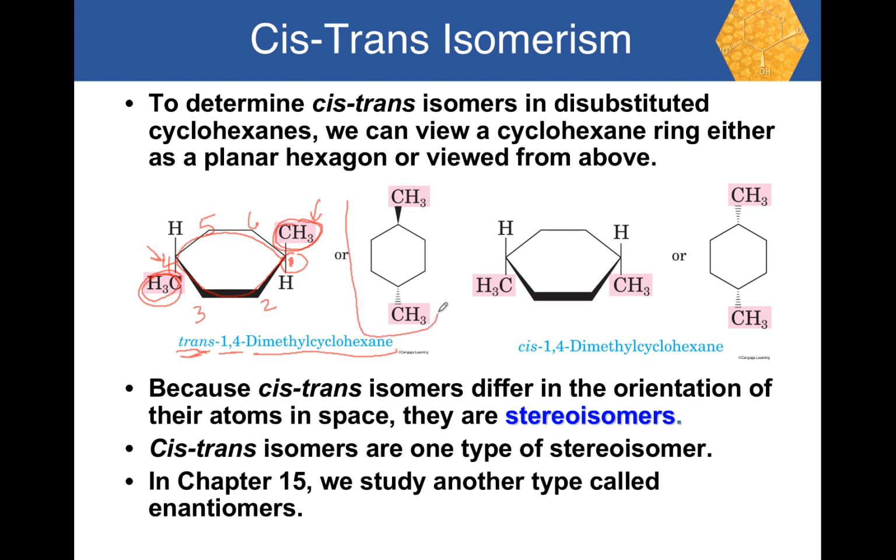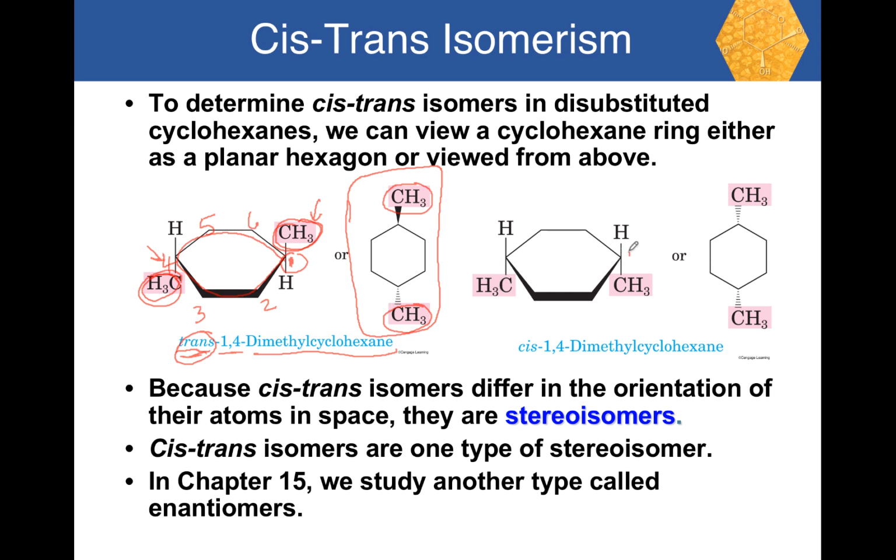This is another way of writing the same molecule. Notice it's the same molecule, but just written using a different format. This is in the back and this is in the front of the ring, so they are on opposite sides, so therefore it's a trans.